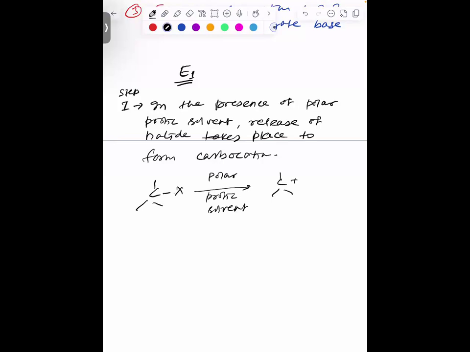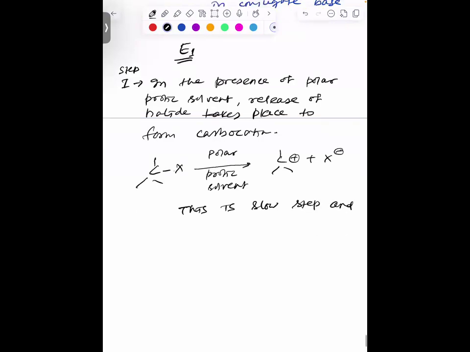This is a slow step and hence the rate determining step.